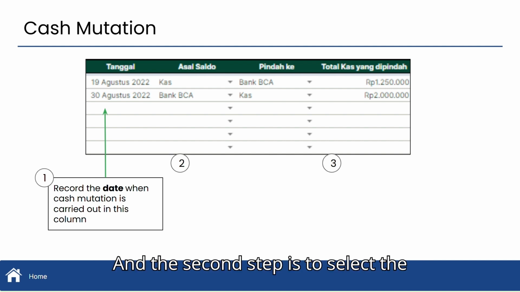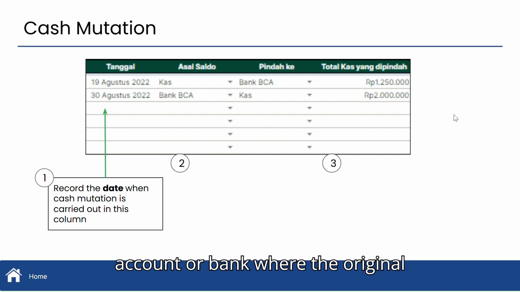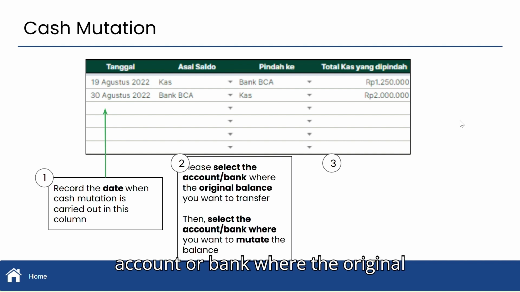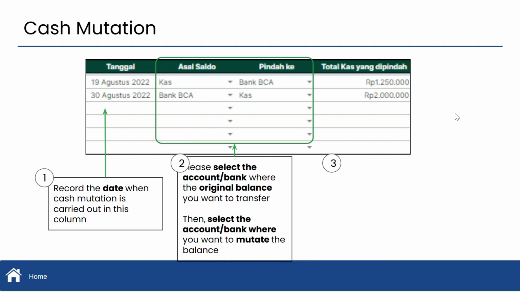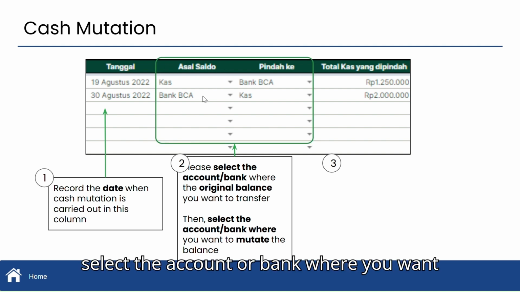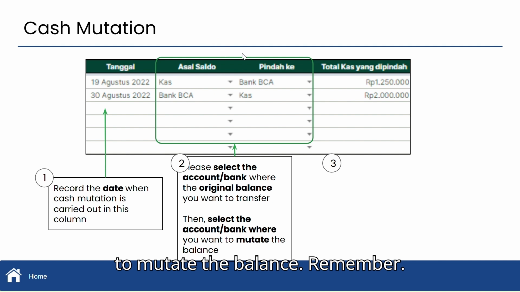The second step is to select the account or bank where the original balance is that you want to transfer. So just choose the account where you want to transfer from, then select the account or bank where you want to mutate the balance.